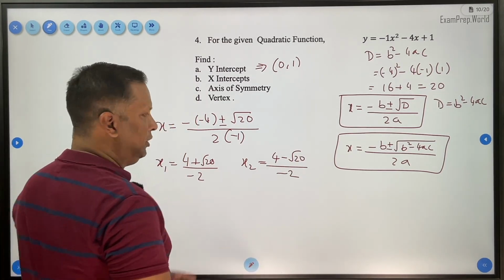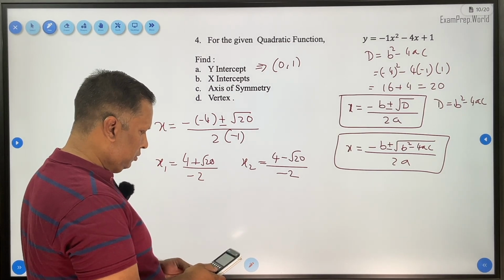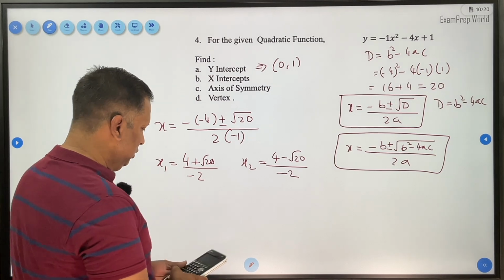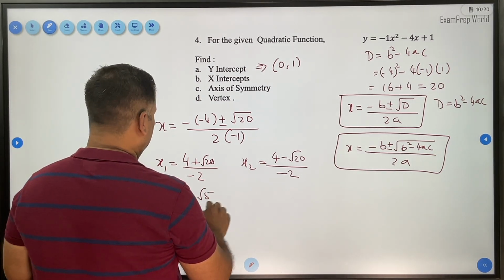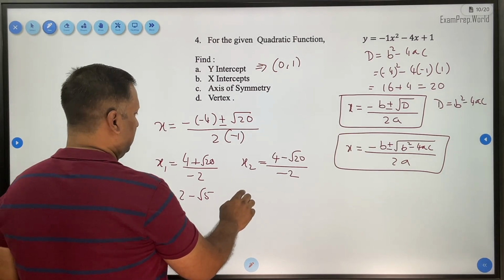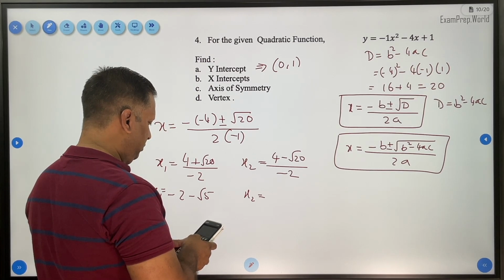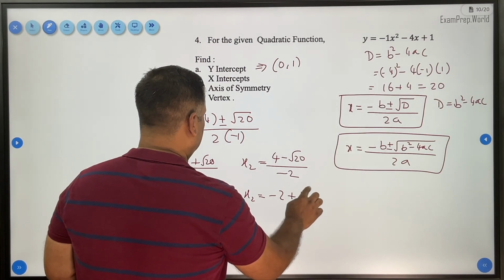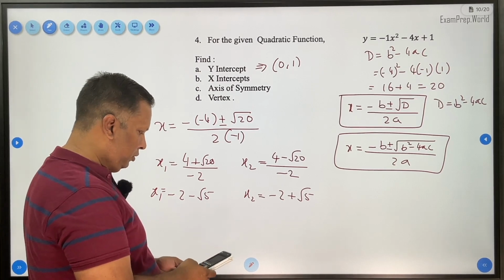Okay. This we can use a calculator to solve this value. So, it is 4 plus root 20 by negative 2. So, it is negative 2 minus root 5. Okay. This is the first x-intercept and x2 will be negative 2 plus root 5. Okay. You can also calculate the decimal value if you want.